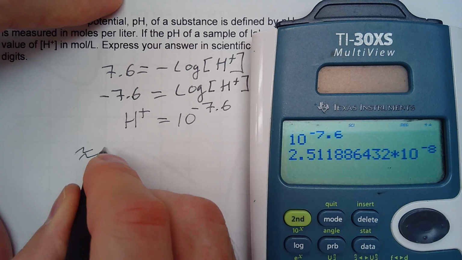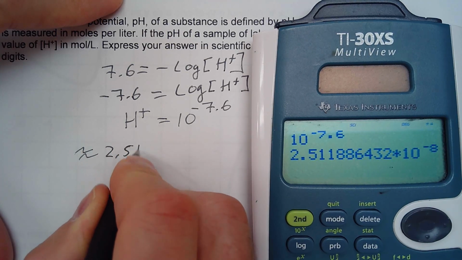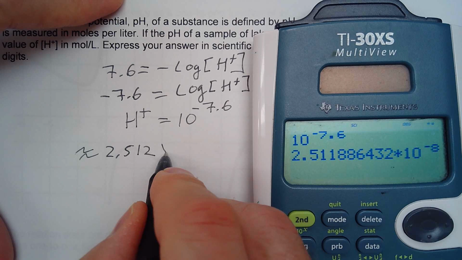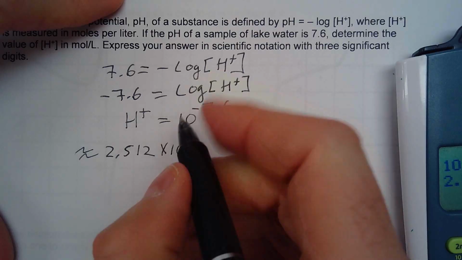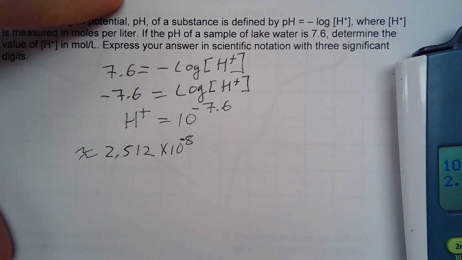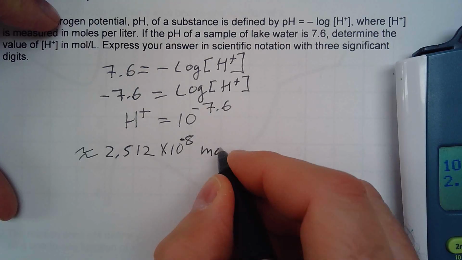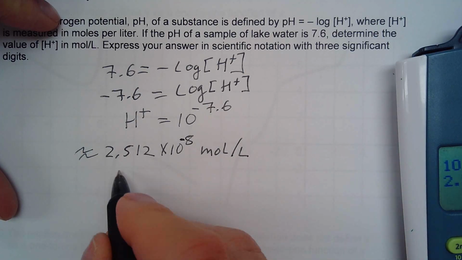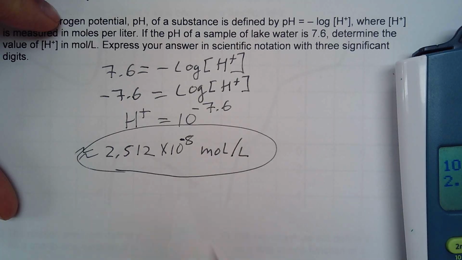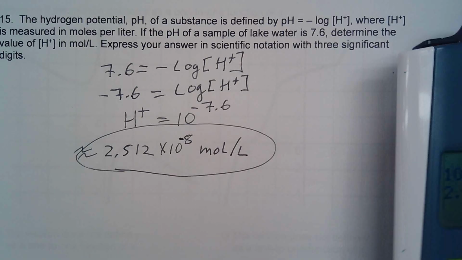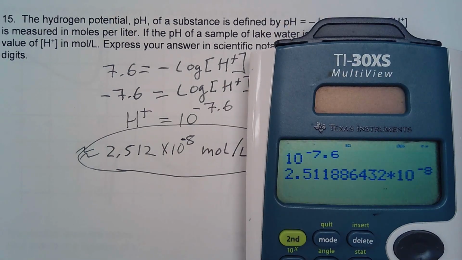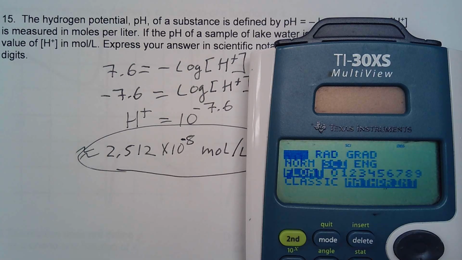So that would be 2.512 times 10 to the negative 8th. This would be moles per liter. That's our answer. And then, of course, since we have to do the next problem, we want to get back to normal mode.